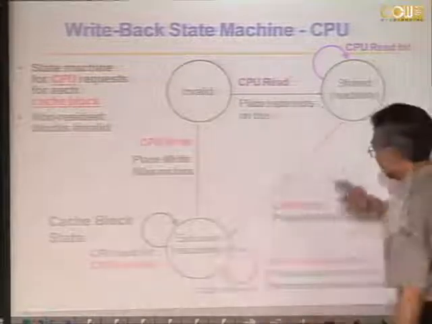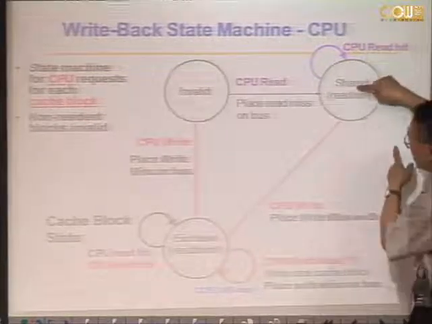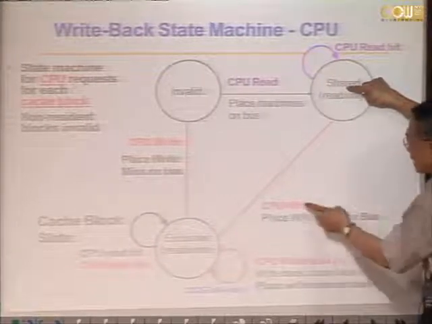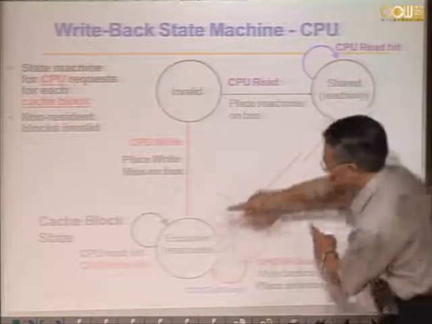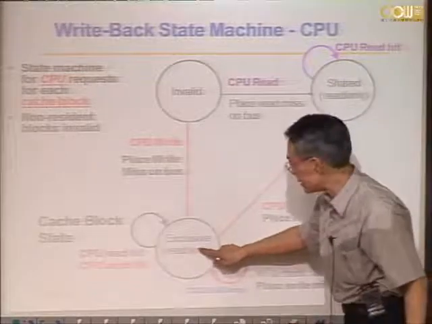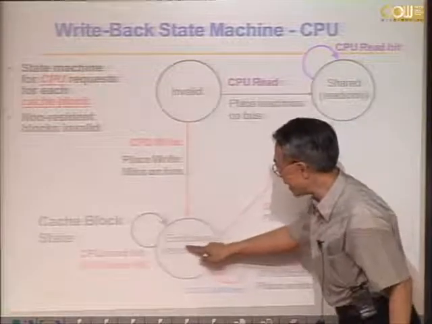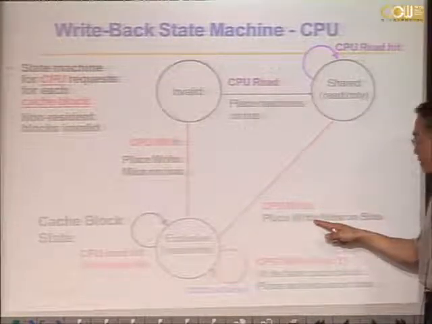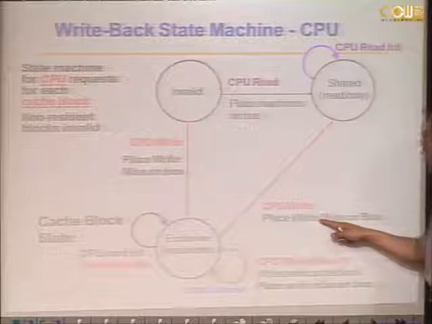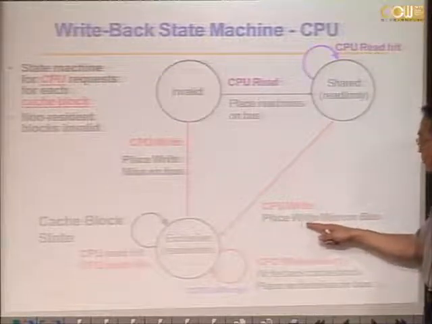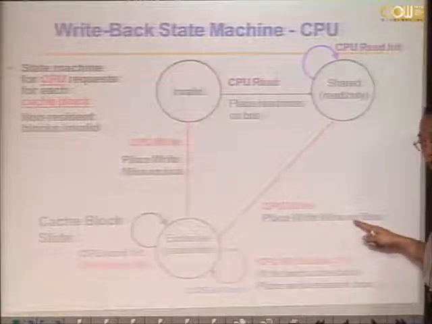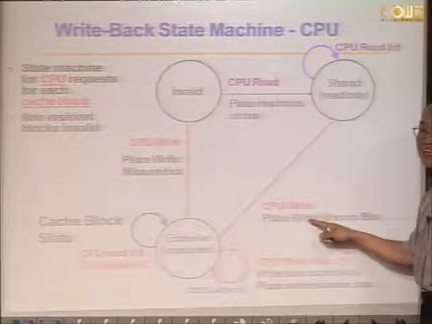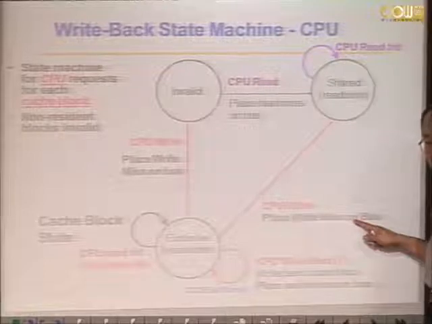Like for instance, if you want to write to this variable, you have to place a write miss on bus and then write it. After you write it, you have a new value. The others will know they don't have the most recent version anymore by seeing your write miss signal on bus. Others know they should invalidate their version, right?